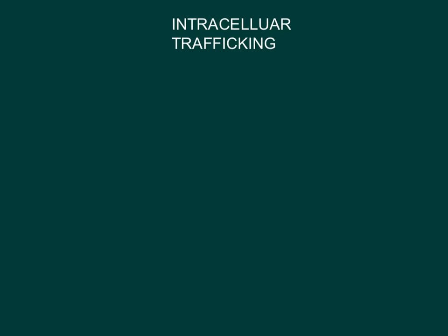So that was a lot of information that I just threw at you. So now we're going to slow down and take a step back and now talk about vesicular transport. And this is basically the Golgi apparatus is kind of like the FedEx station of the cell.